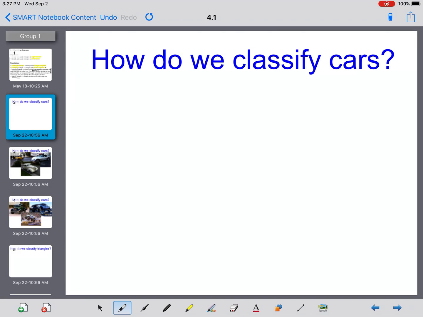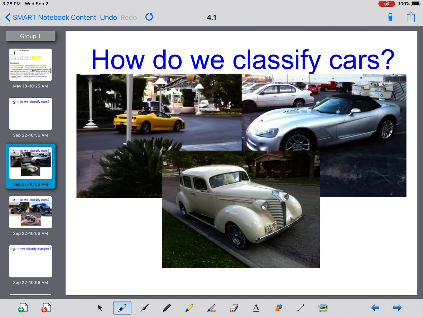So we could talk about how we classify cars. We could classify cars as Chevrolet, Ford, Honda, Lexus, that way. We could classify them by sports car, coupe, minivan, SUV, that kind of thing. We could classify them as red, blue, and white.